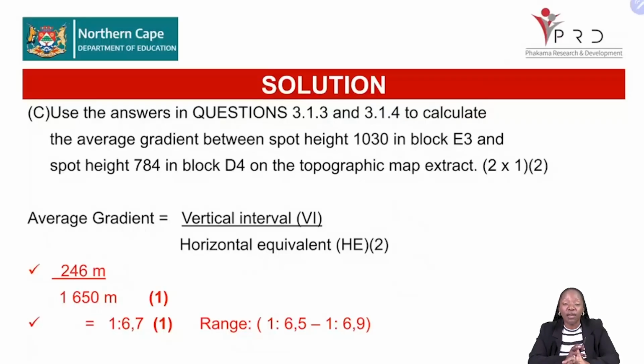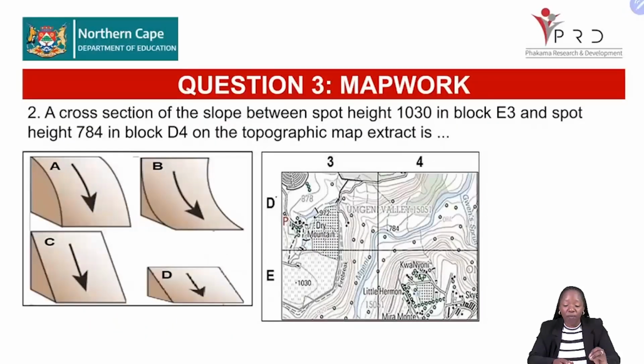That's how gradient is broken into 3 questions. You first calculate the vertical interval, which is your difference in height alone, then you calculate the distance, and then the third question asks you to use the answer of the vertical interval and the answer of your distance to calculate the gradient. Then we're looking at our next question.